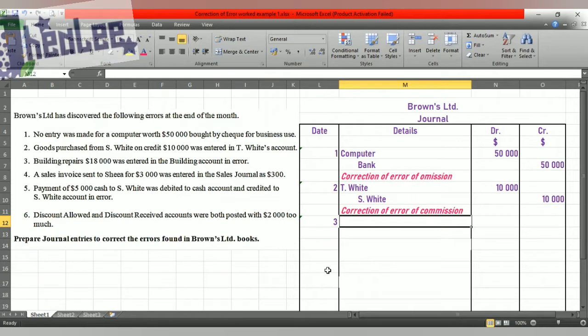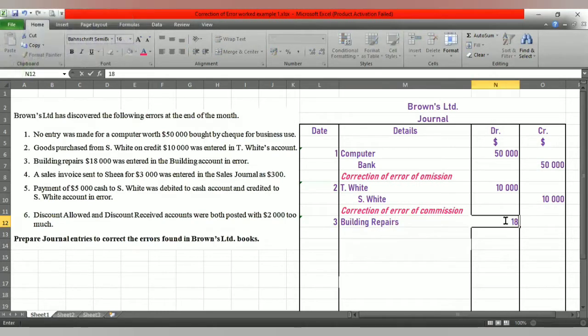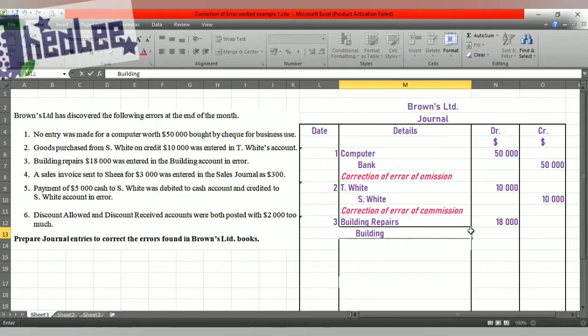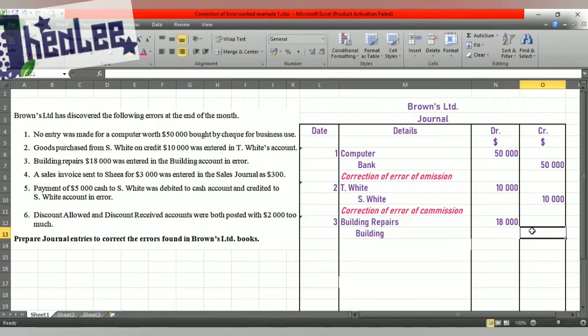So therefore, our building repairs account is debited with the value of 18,000, and our building account, we're getting rid of that entry. So we're crediting that in order to cancel out the incorrect entry that was placed on the debit side.